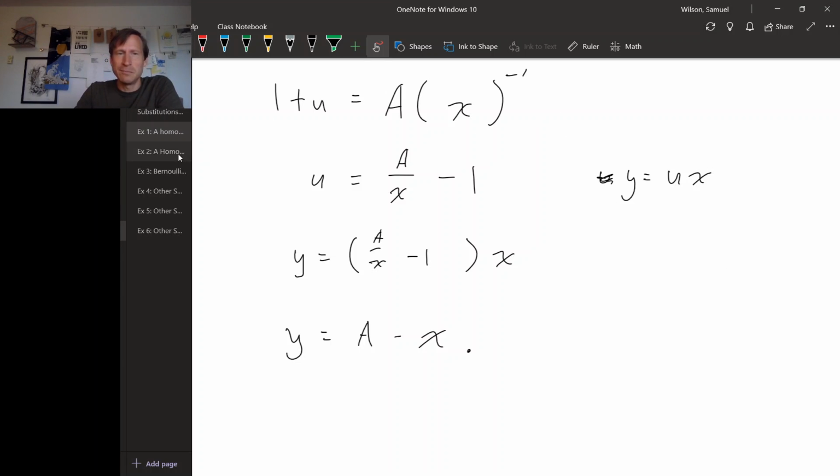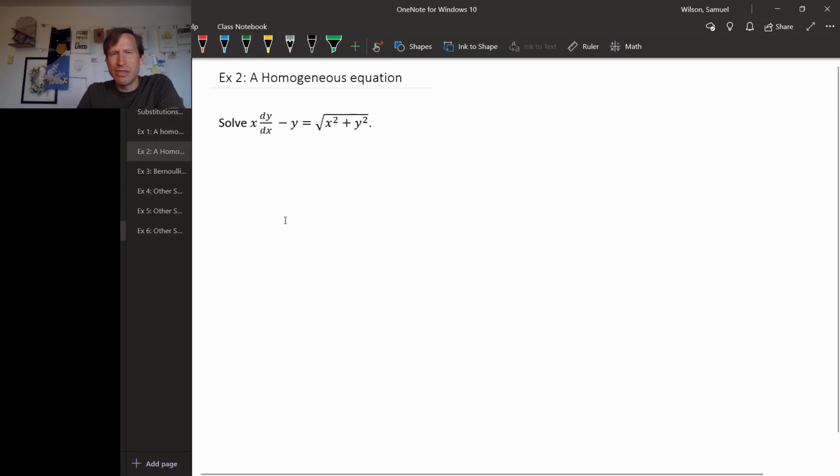Let's try another one. So this differential equation is really unfortunate looking. It's extremely nonlinear. It is first order, but it's extremely nonlinear because look, we have a y squared. So definitely we wouldn't be able to solve this using any other technique, but you know, maybe it's homogeneous.